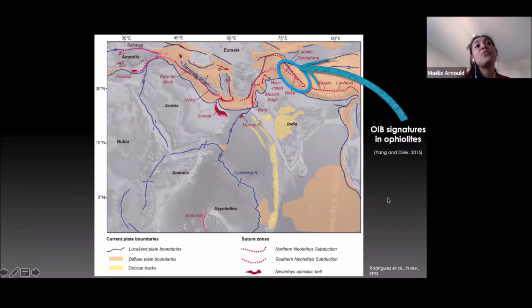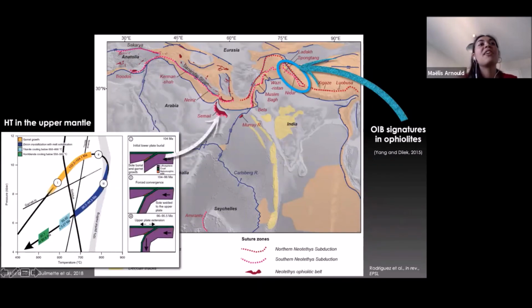And by using the lutetium-hafnium method, some people also found hot mantle temperatures associated with the metamorphic soles of some of the ophiolites, which record the thermodynamic conditions of the initiation of the South Neo-Tethys subduction.